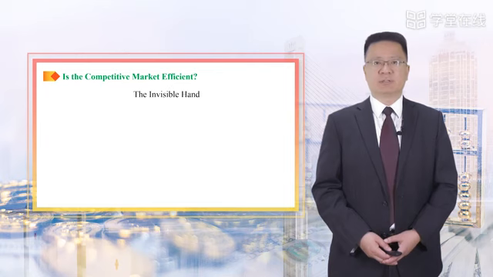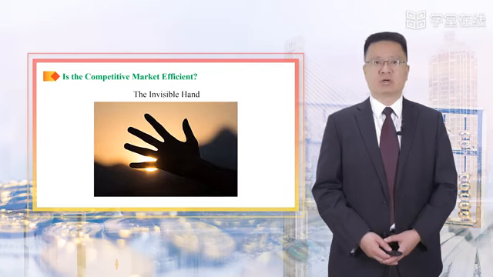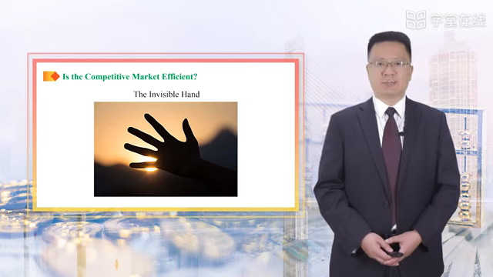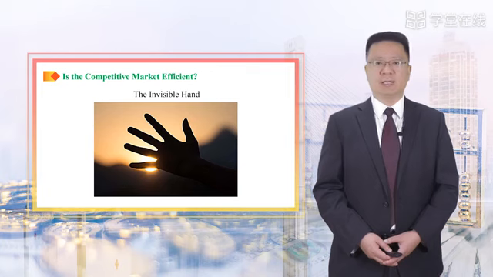Adam Smith's invisible hand idea in The Wealth of Nations implied that competitive markets send resources to their highest valued use in society. Consumers and producers pursue their own self-interest and interact in markets.